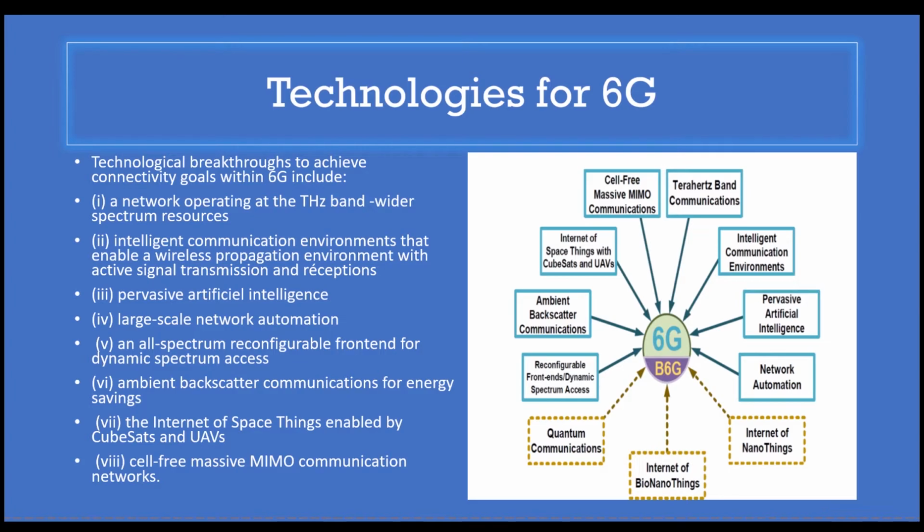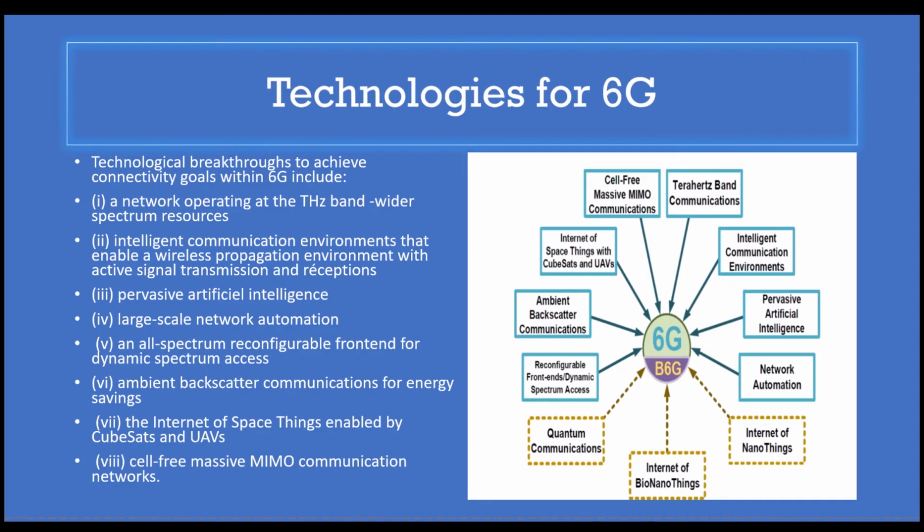The fifth element is an all-spectral reconfigurable front end for dynamic spectral access. Since the 6G network is a heterogeneous network consisting of various types of networks and applications, we require a front end which can be reconfigured for any spectral band or any parameter of operation to meet the heterogeneous application QoS demand.